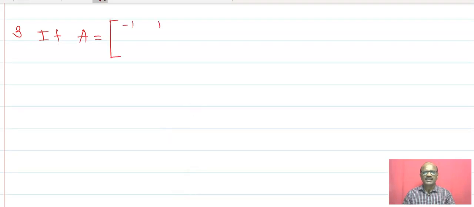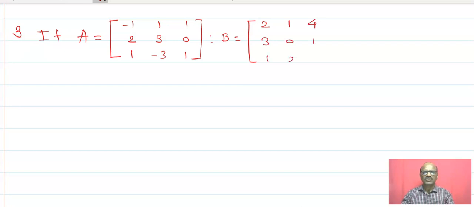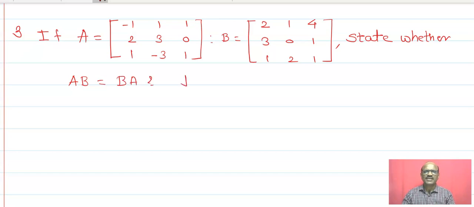If A is equal to [minus 1, 1, 1; 2, 3, 0; 1, minus 3, 1] and B is equal to the next matrix, the order of A is 3 by 3 and the order of B is also 3 by 3. State whether AB is equal to BA. Now justify your answer.